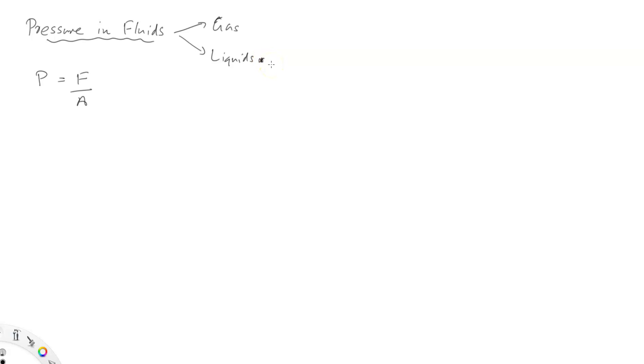Pressure in liquids. Let's say we have a container of water. So there's water in it. And this liquid is creating a pressure, and at different places inside this container there will be different pressure values.